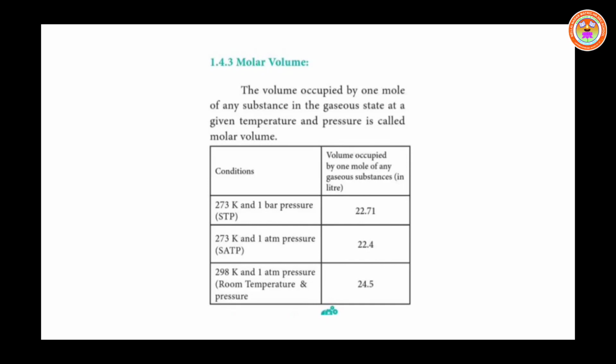Now we are going to see the volume occupied by 1 mole of any gaseous substance at different conditions. At STP condition, the volume occupied by 1 mole of any gaseous substance is 22.71 liter. At STP condition, the temperature is 273 Kelvin and pressure is 1 bar.